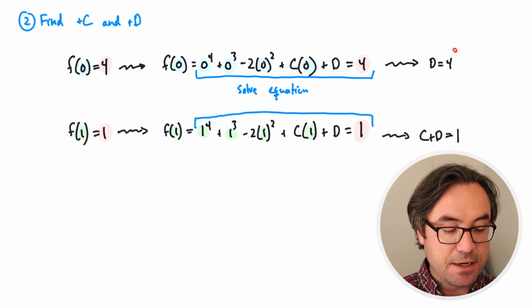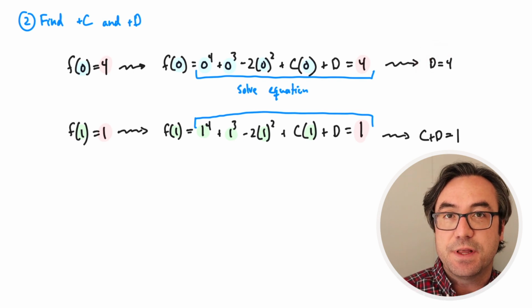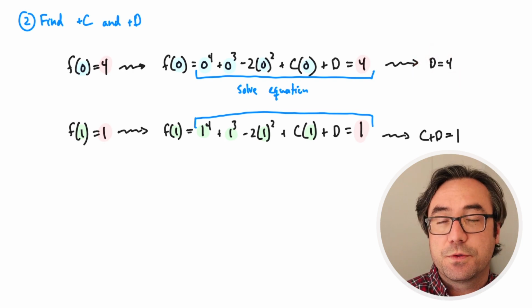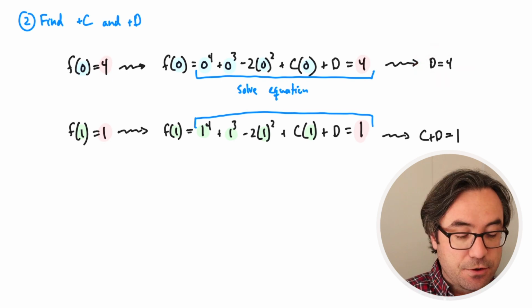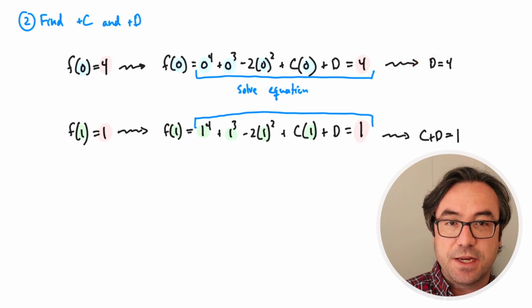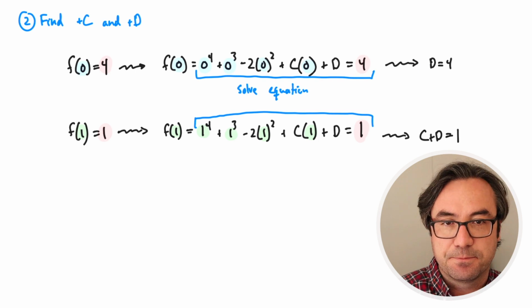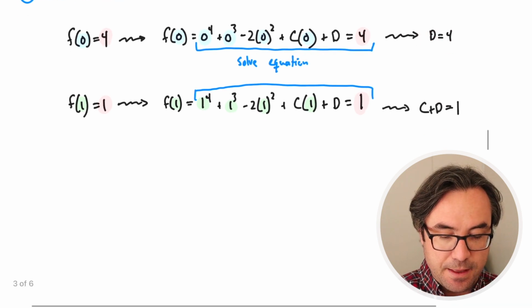And this is where I can go back to my previous results and just use that. Sometimes we might have to do more work with this previous result. So maybe we have to solve this equation for c, or maybe we have to solve this equation for d, and then we can plug that into the second equation and then keep solving. But in this case, I know what d is, so I can plug it right in.